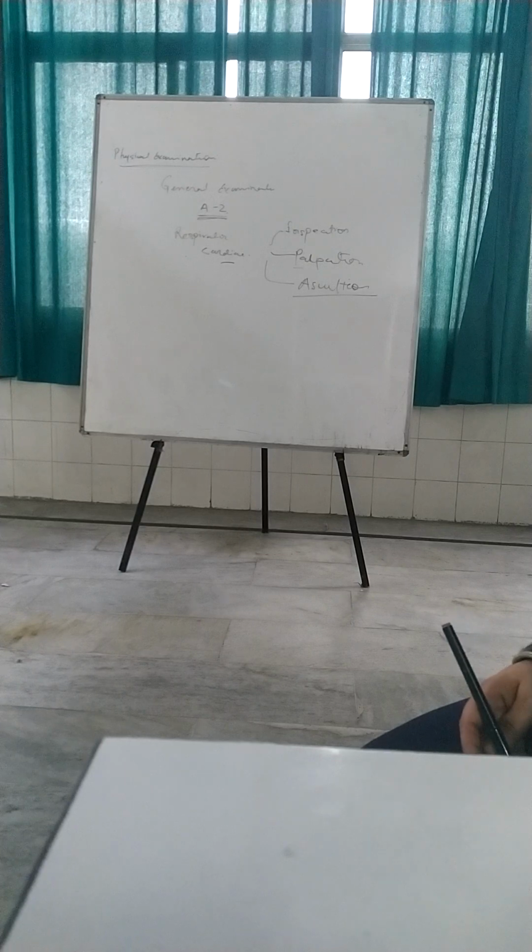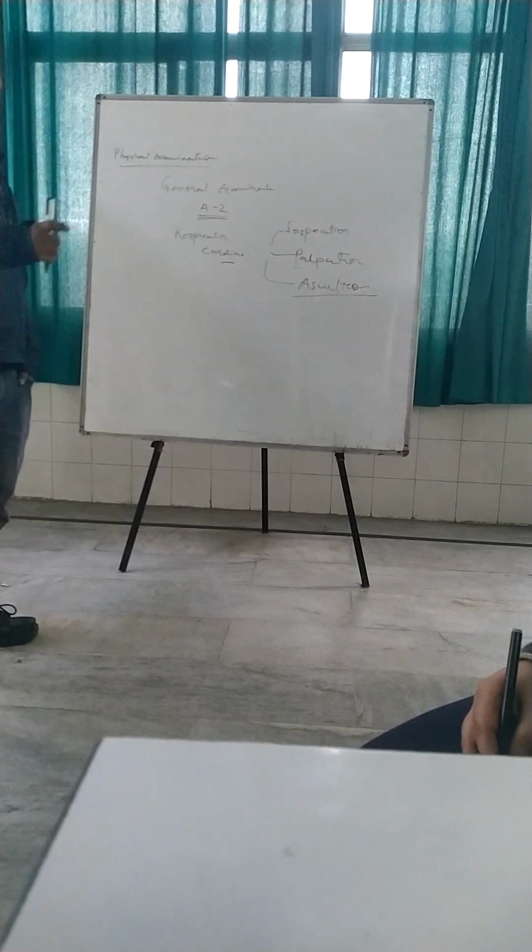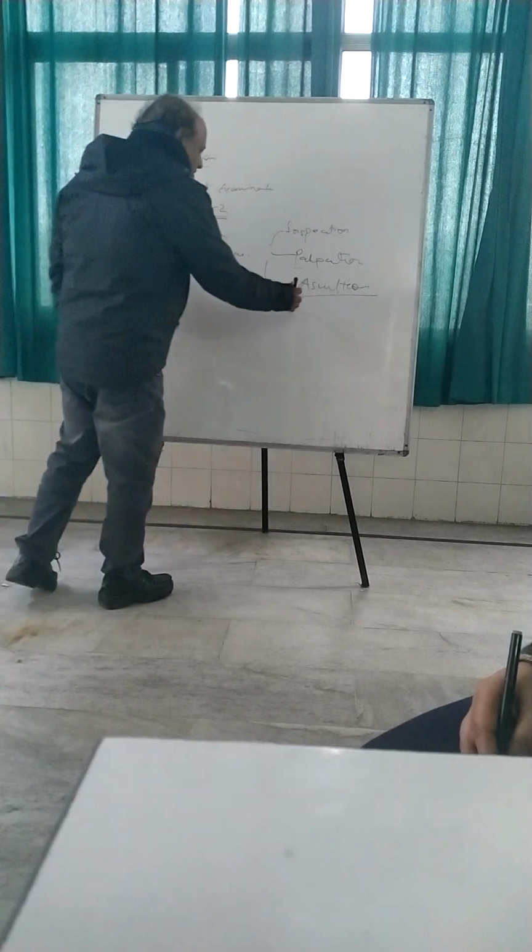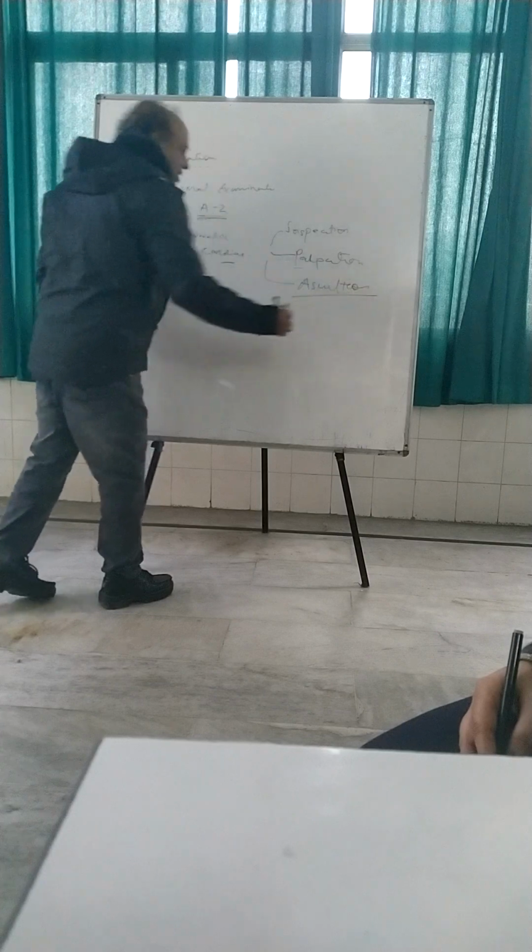For example, if a bottle is filled with fluid, you percuss over it and find the level where the note changes. You can also estimate the surrounding and the extension of the lesion, which part is stony dullness and which part has resonance, right?